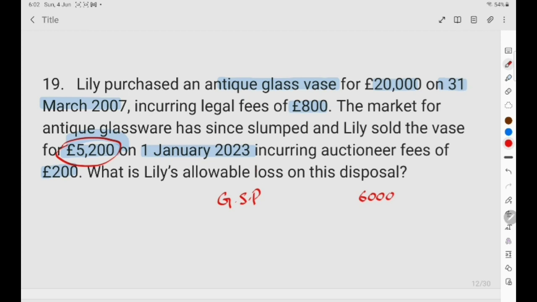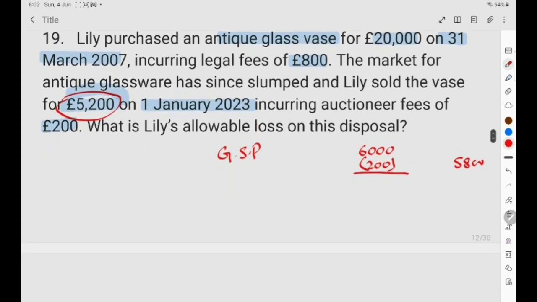So after deducting the auctioneer fee of 200, the net sale proceed would be 5,800, right? And then we have to consider the allowable cost. The vase has a cost of 20,000 and incurred a legal fee of 800. So this is total 20,800, that is allowable cost. So difference of these two is said to be 15,000. This is said to be allowable loss.